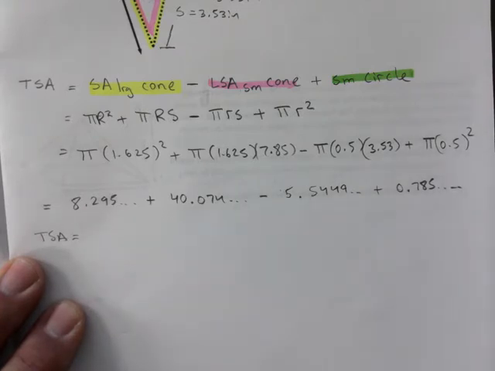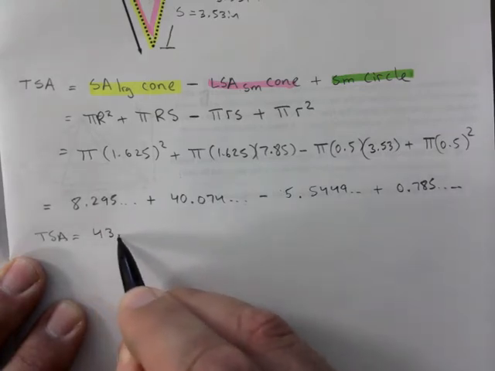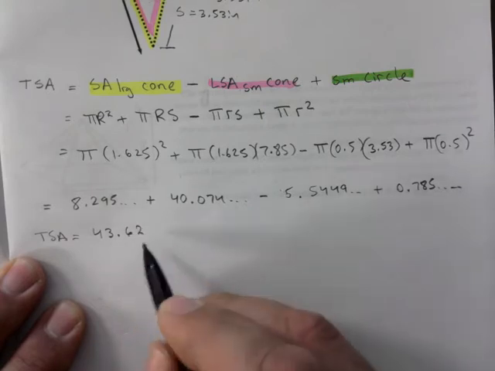Which means that it's plus, final answer is 43.62 square inches.